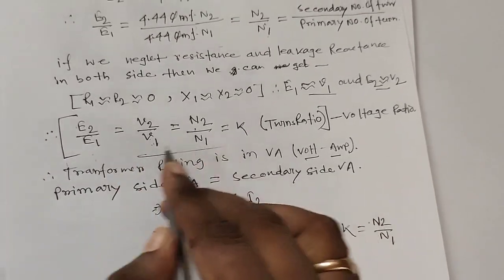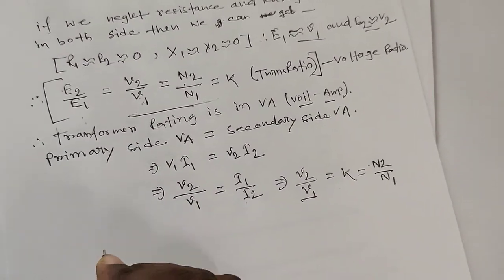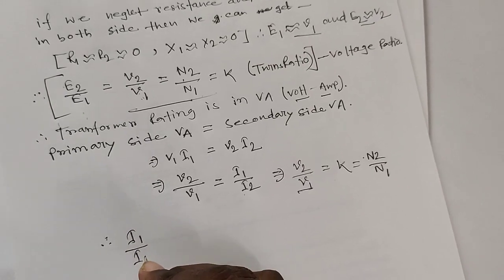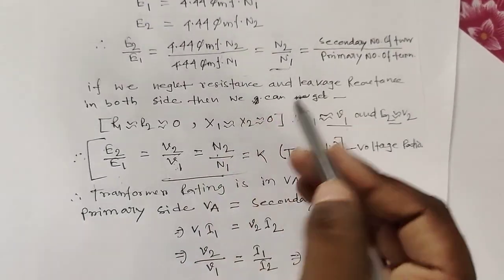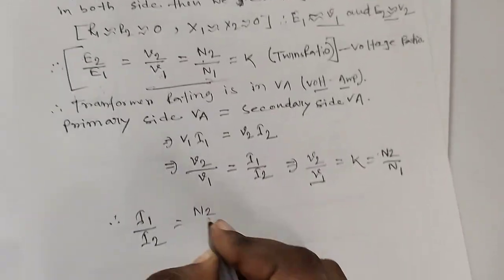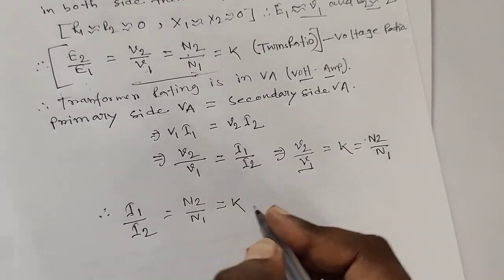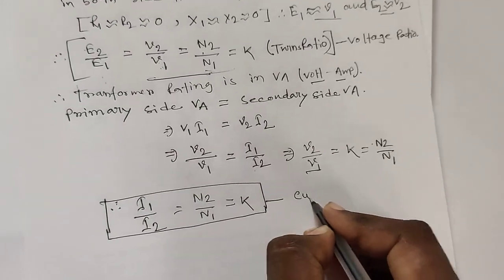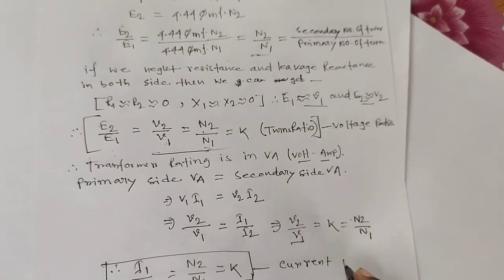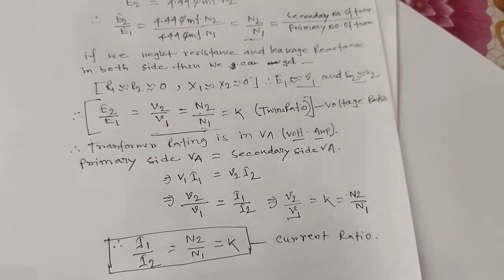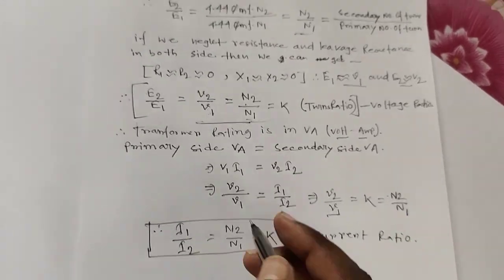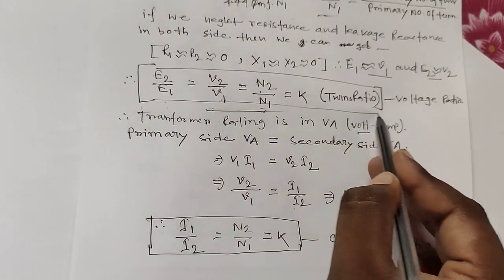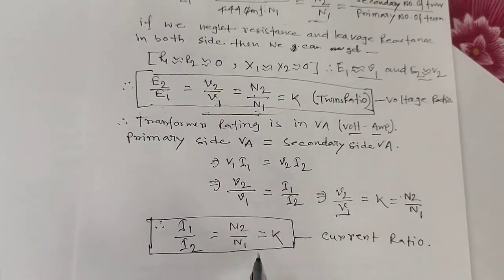From this equation, I1 by I2 is equal to N2 by N1 is equal to K. This ratio is also called the current ratio. The earlier one is called the voltage ratio, and this one is called the current ratio.